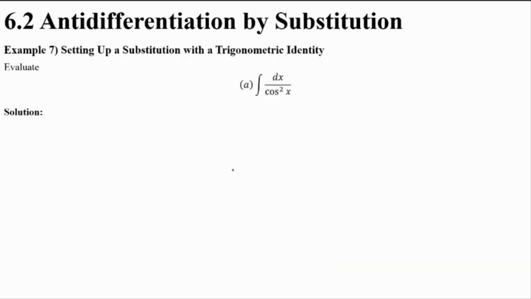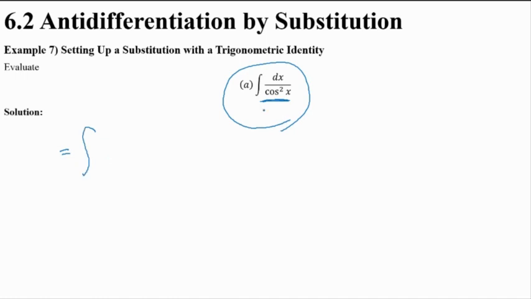Next one. Let me change color first. Also here, the denominator has a trigonometric function, right? So how can we do that? But this is pretty simple, I think you know it. Let me change that.